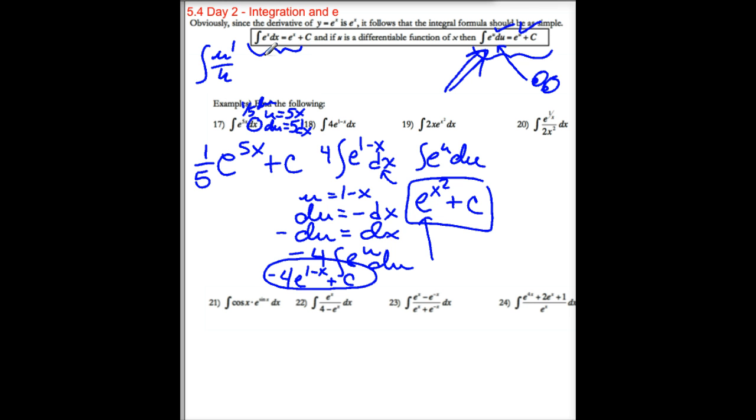So number 20, is u the denominator? No, because the derivative is 4x. That's not even close to the rest of the integrand. The next thing I would try is letting u be the exponent. Let's let u equal 1 over x, or equivalently, x to the negative 1. I was starting to take the derivative already. So du would be negative 1 over x squared dx.